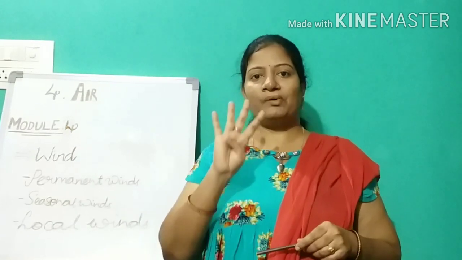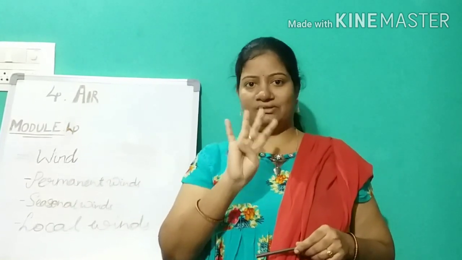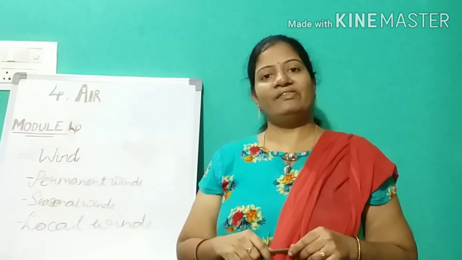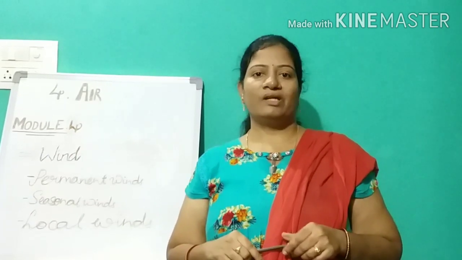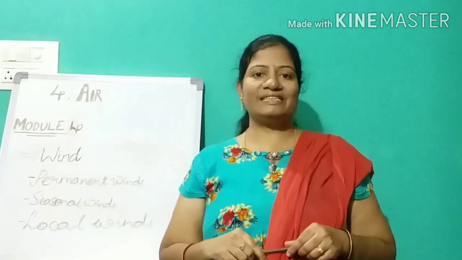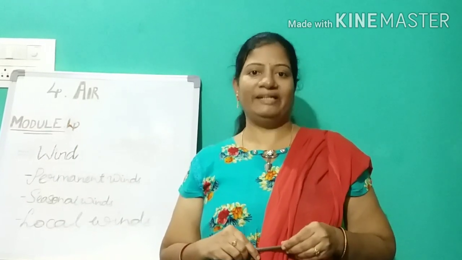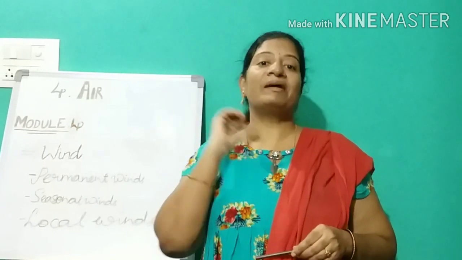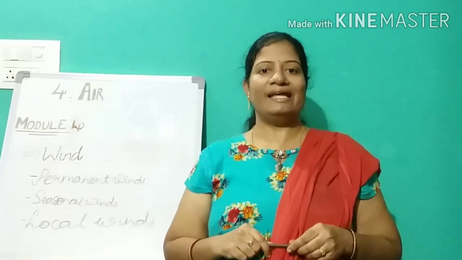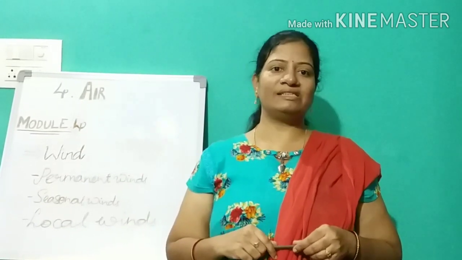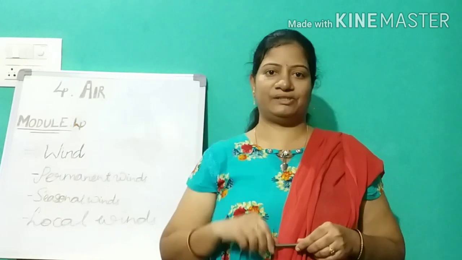For example, we have four places. The first one, the Lu. The Lu is a hot, dusty and dry wind that blows in the northern plains of India during the summer months.